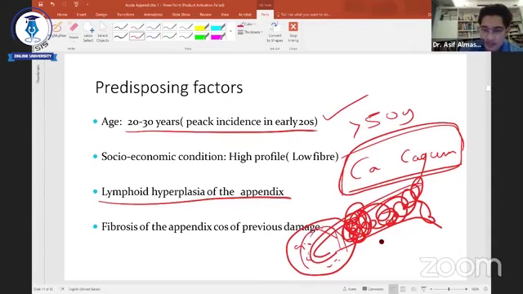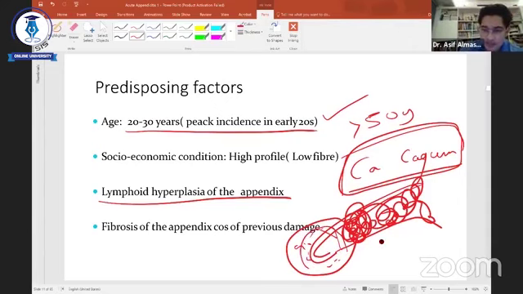The greater omentum, if you remember, has to reach the appendix to wrap it up. So if it's a pelvic appendix or there was previous abdominal surgery, the greater omentum may not be able to come and wrap it up. As a result, the perforation and the further complications of appendicitis may easily continue without any protection to the patient.